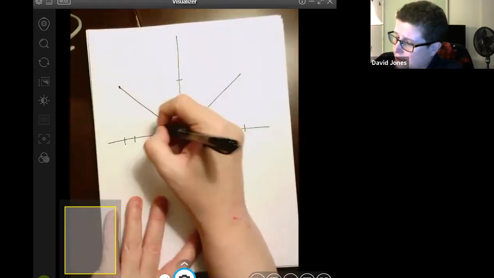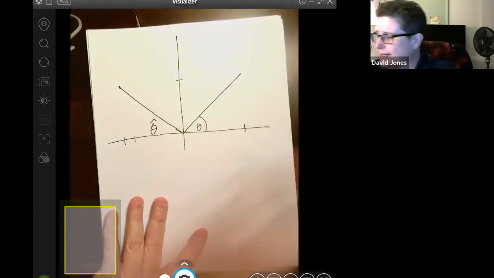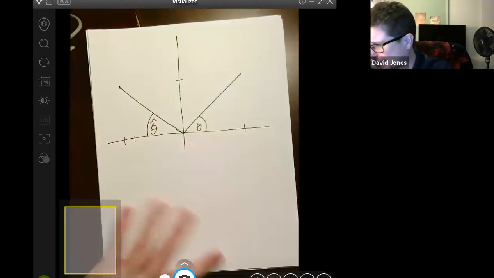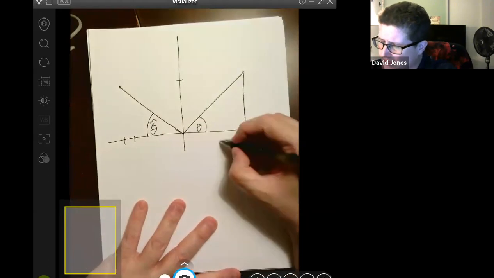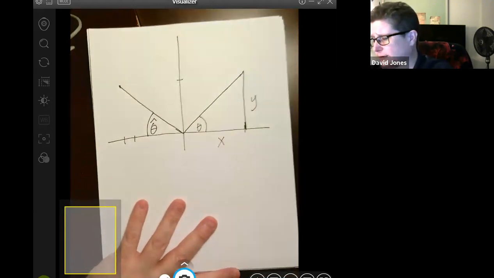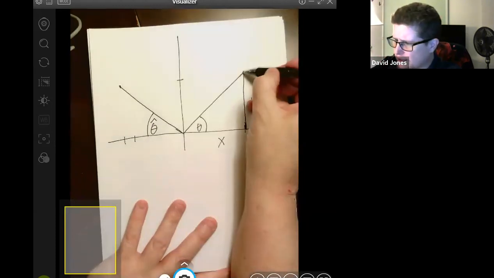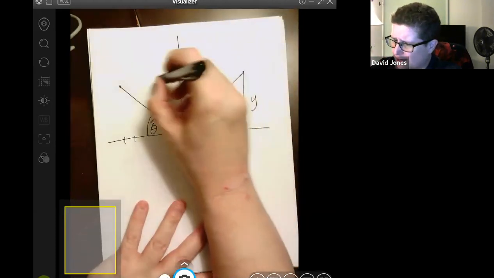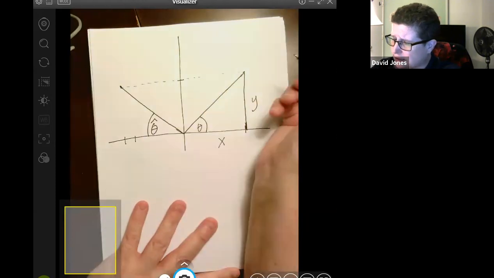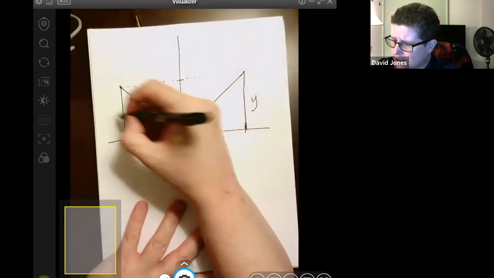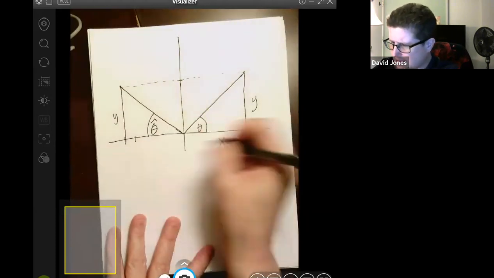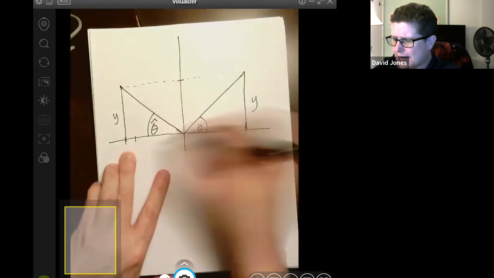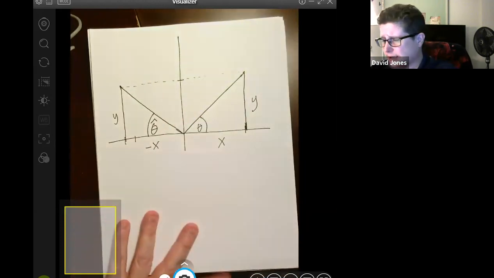There we go. That's theta hat. This is theta. This is x. This is y. You'll notice this has the same y value. So this is y. And to keep the triangles the same, this has got to be negative x.